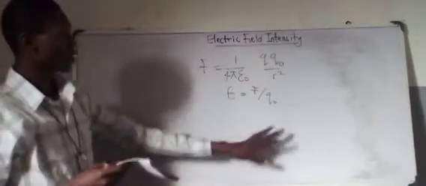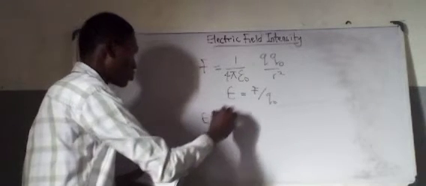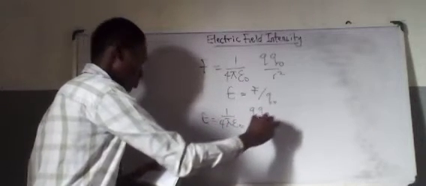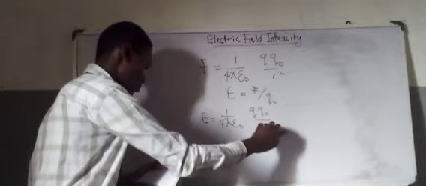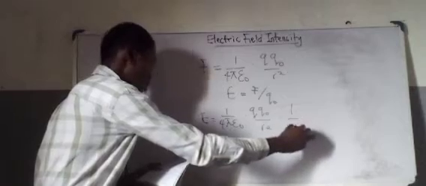So we can simply call this Q2 Q naught and call this just Q, since we are making use of our initial example. So when we put this formula for F into this equation, we have E equals 1 divided by 4 pi epsilon naught multiply Q divided by R squared multiply 1 divided by Q naught.